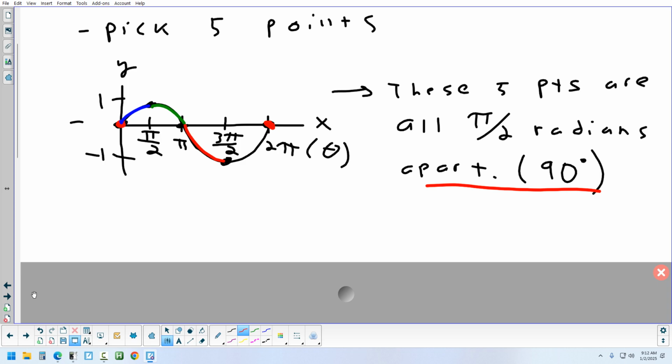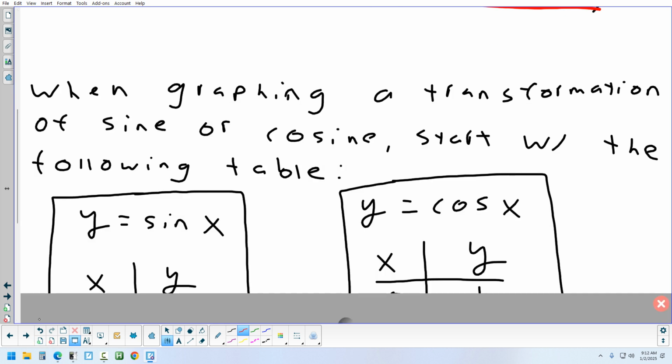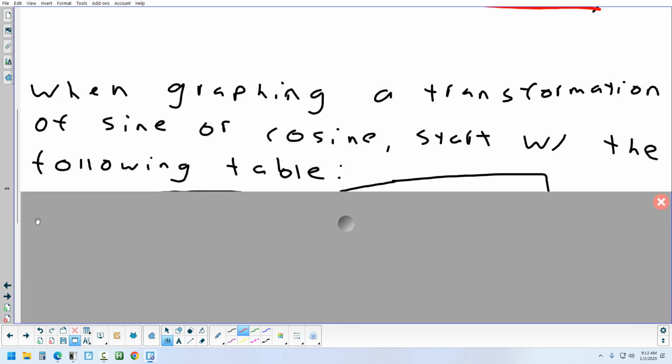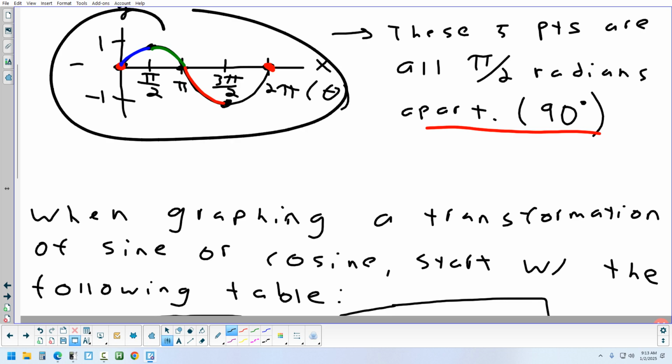Okay, so we really have to make sure we get these starting coordinates right. And I think I have a table down below. I'm going to put them all in just a second. Okay, so let's start. That is the actual picture of sine. That is, to scale, accurate.